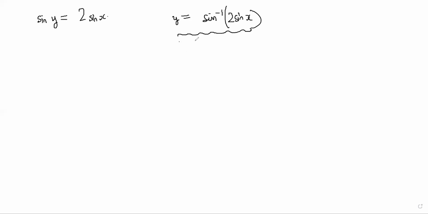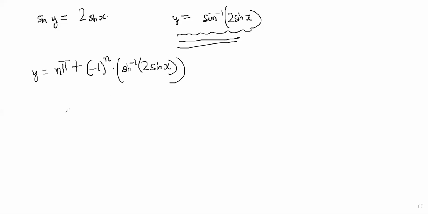You will just use the general formula, right? So sin y is equal to 2 sin x. So there will be some angle y which will be equal to sine inverse 2 sin x, right? Y should be this angle. So the general angle will be simply y is equal to n pi plus minus 1 to the power n sine inverse 2 sin x.